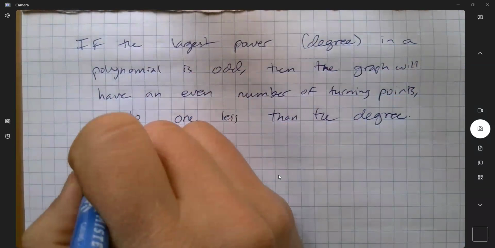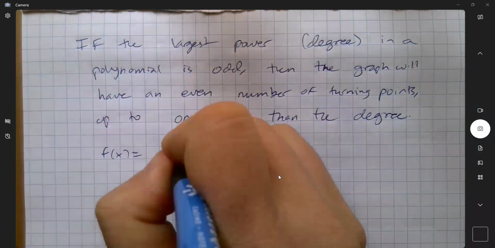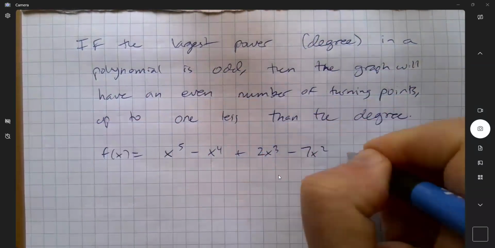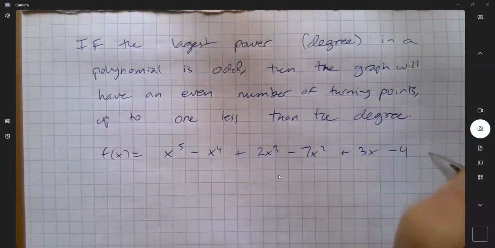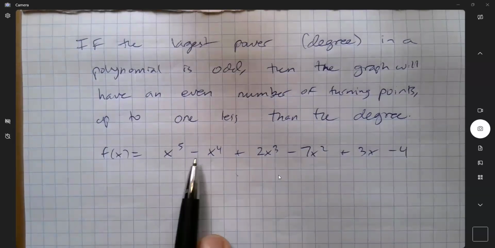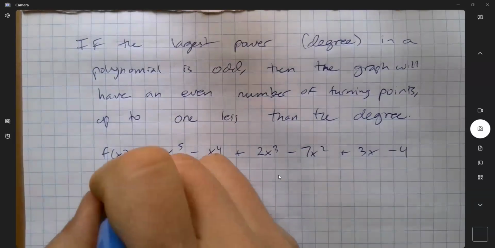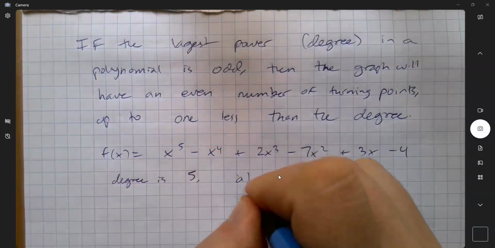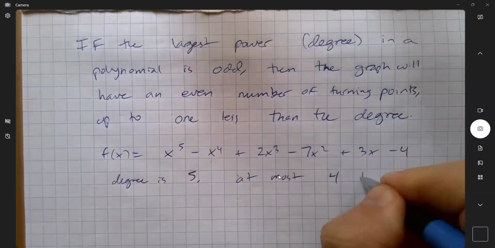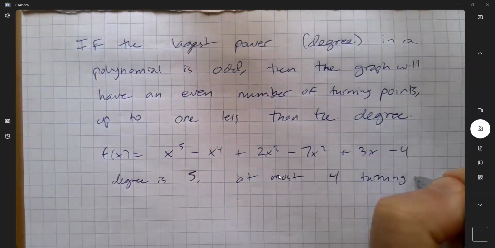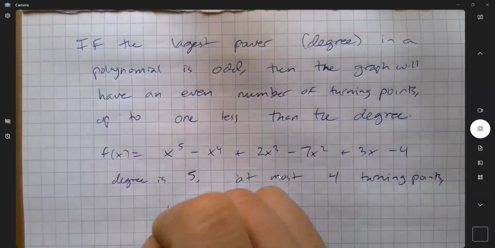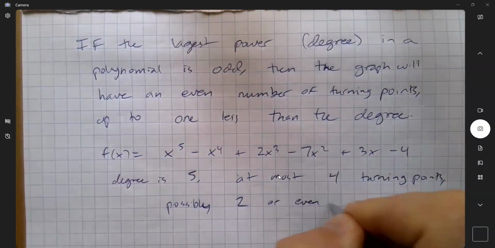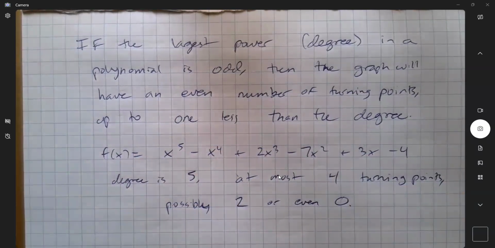So for example, if I have f of x equals x to the 5th minus x to the 4th plus 2x cubed minus 7x squared plus 3x minus 4, then we usually write it with the largest power first. The degree is 5, which means at most 4 turning points, possibly 2 or even 0, because 0 is an even number.